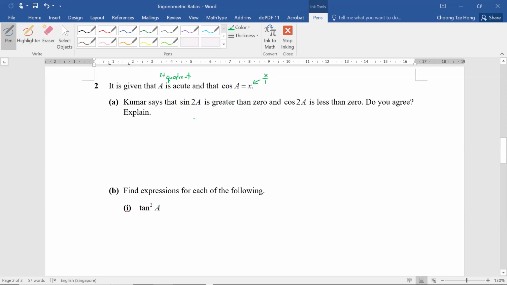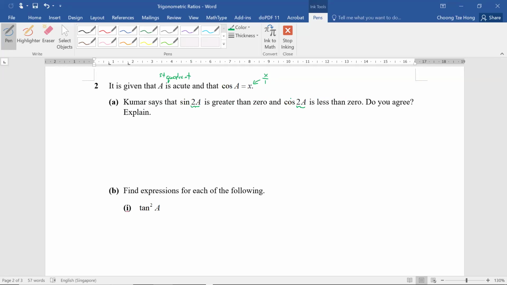So do you agree? Then they want you to explain your answer. So for this question, to find out whether a trigo ratio is positive or negative, we need to know which quadrant this angle is in. If we know the quadrant, then we will know whether that ratio is positive or not, because of the ASTC, right?